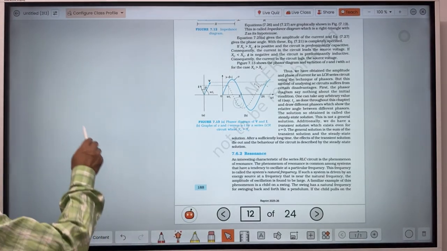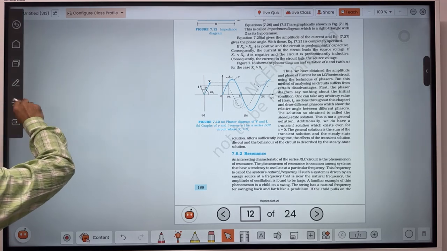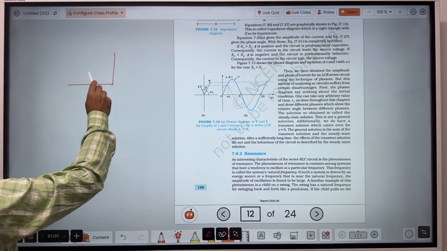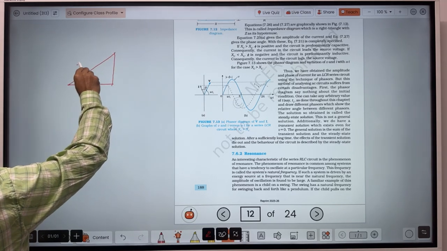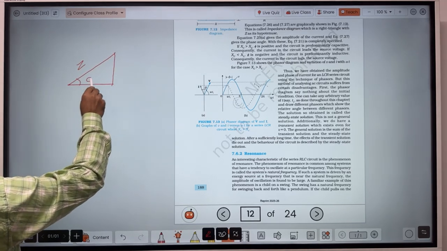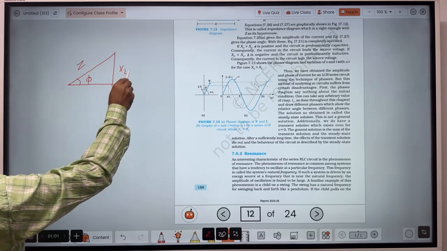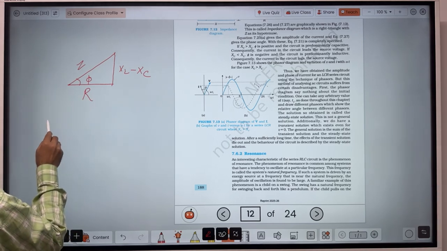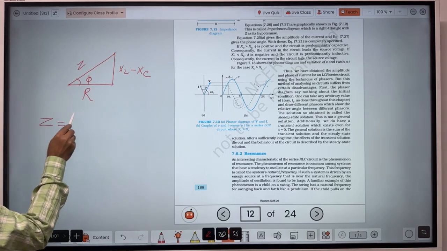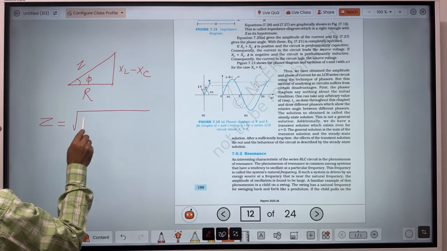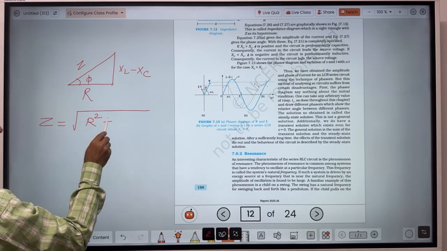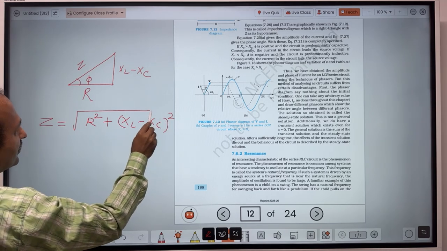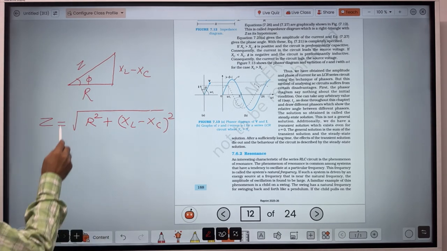As we have seen, in case of LCR circuit, we write this type of impedance triangle in which this is Z, this angle is phi, this is XL minus XC, and this is R. So here Z will be equal to square root of R square plus (XL minus XC) whole square.